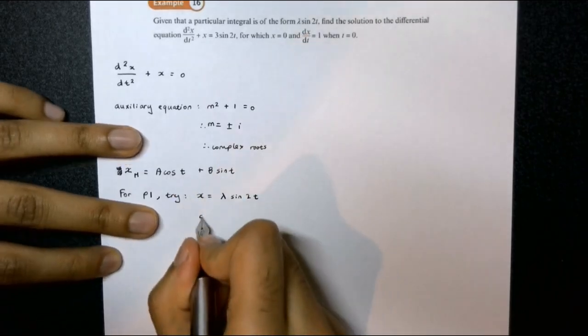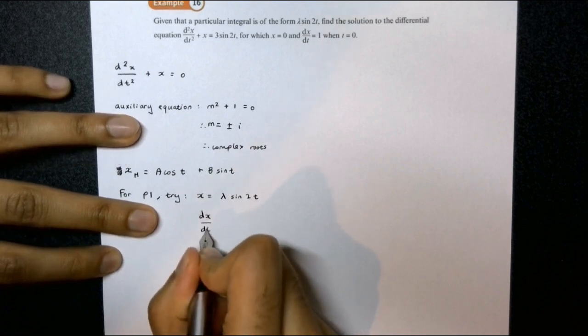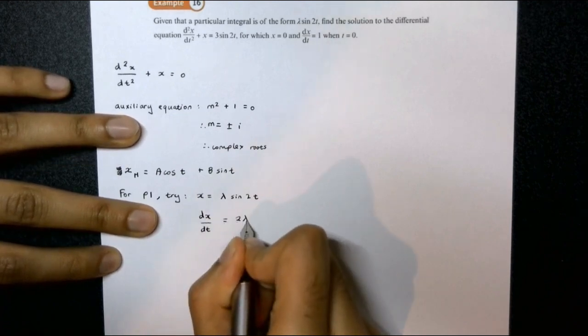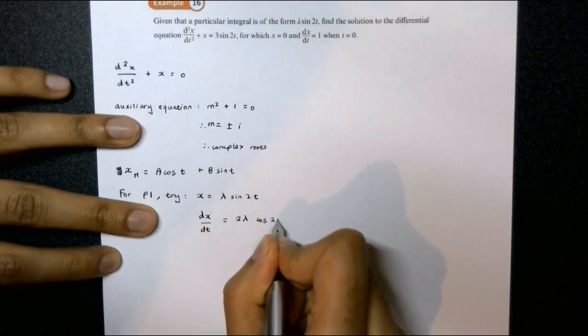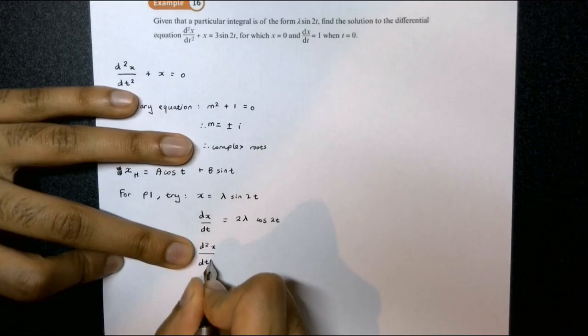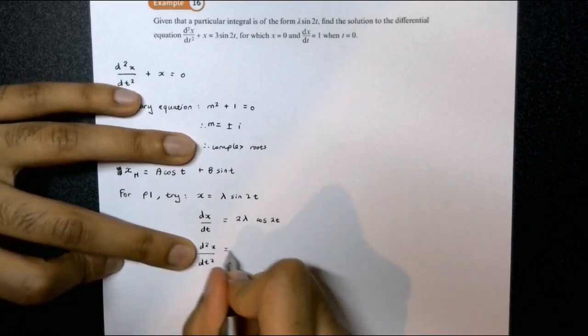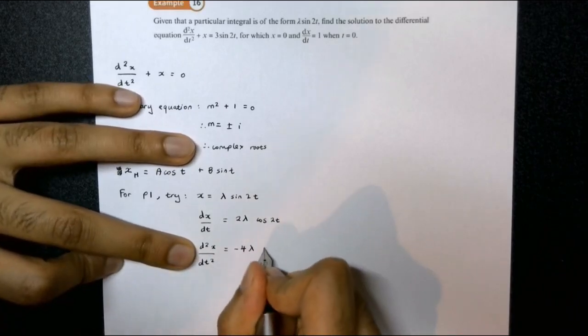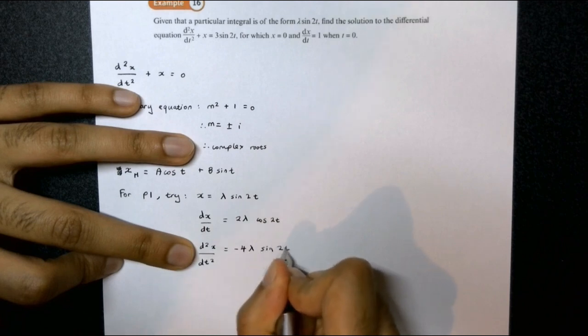So if we differentiate twice, we've got dx over dt equals 2 lambda cos 2t, and d squared x over dt squared is equal to minus 4 lambda times sine 2t.